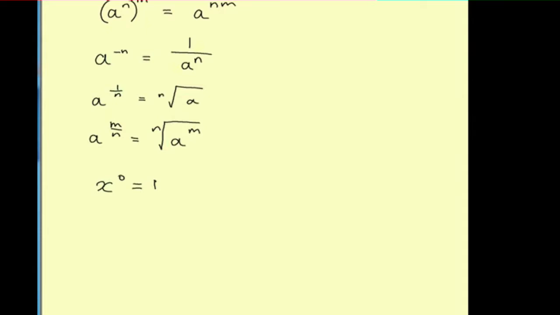So let's do a few worked examples now just to illustrate all of these laws. Let's consider the following. w to the power minus 7 multiplied by w squared.